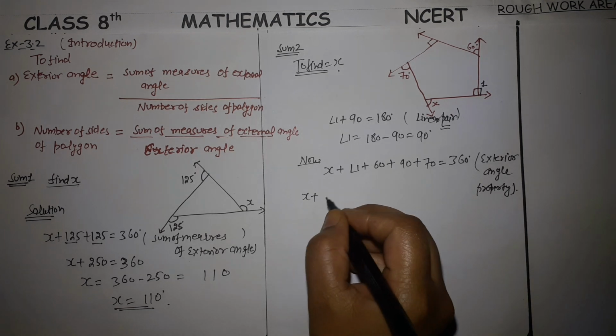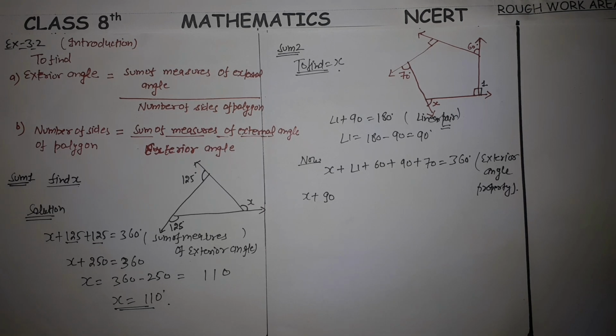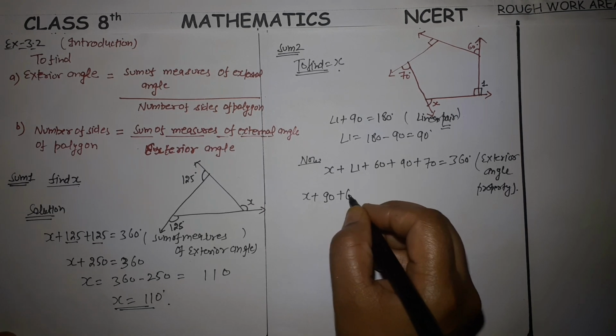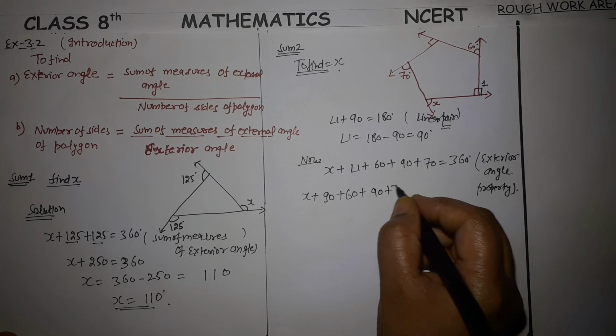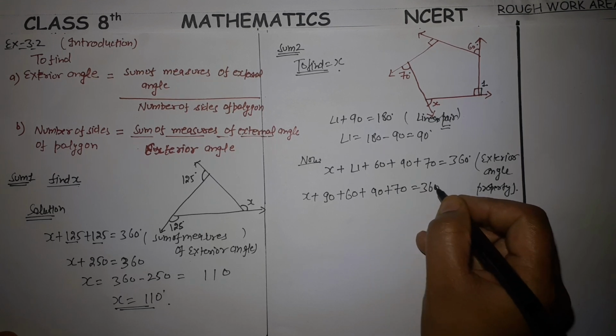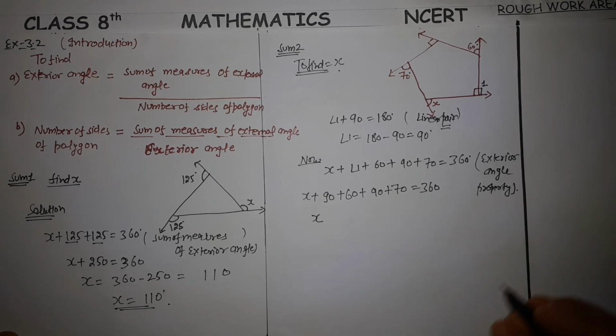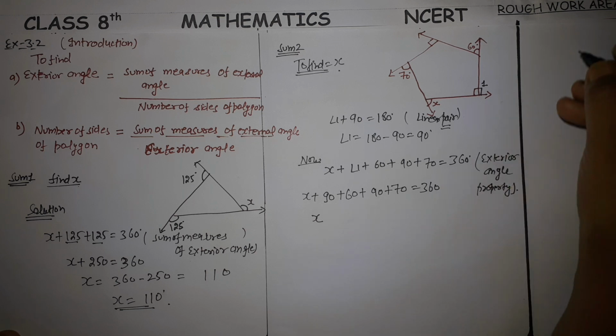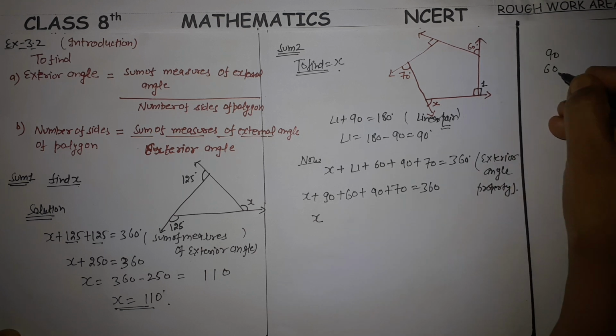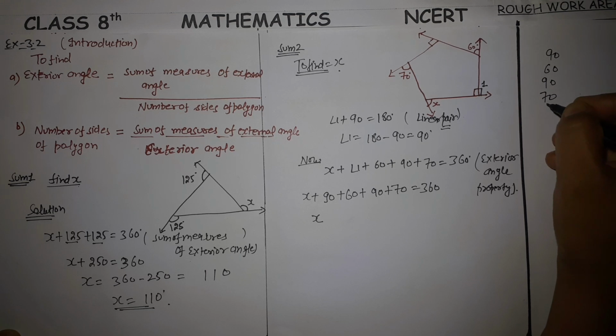Put the value of angle 1, that is 90, plus 60 plus 90 plus 70 equals 360. Add 90 plus 60 plus 90 plus 70.